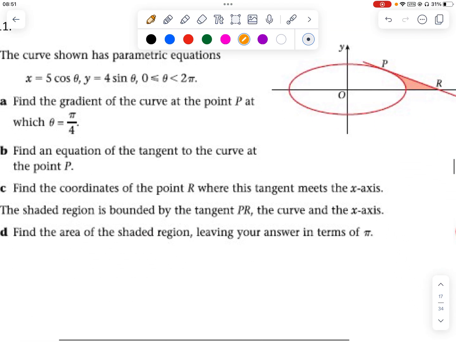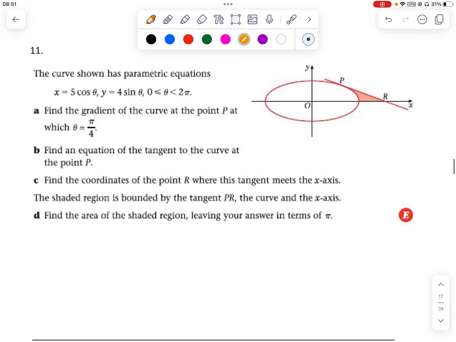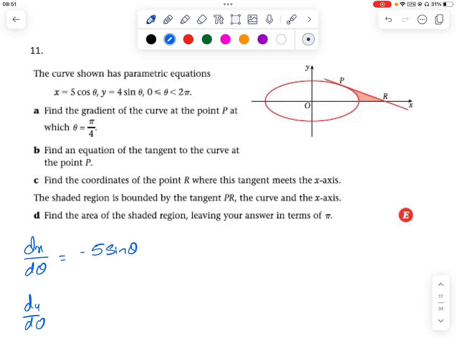Question number 11. This is again parametric form. Find the gradient. Whenever the parametric form is given, first we have to find dx upon d theta. 5 cos theta. What is 5 cos theta derivative? Minus 5 sine theta. Then dy by d theta. What is 4 sine theta derivative? 4 cos theta.